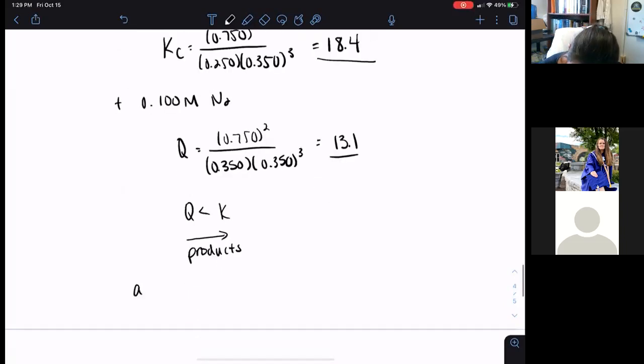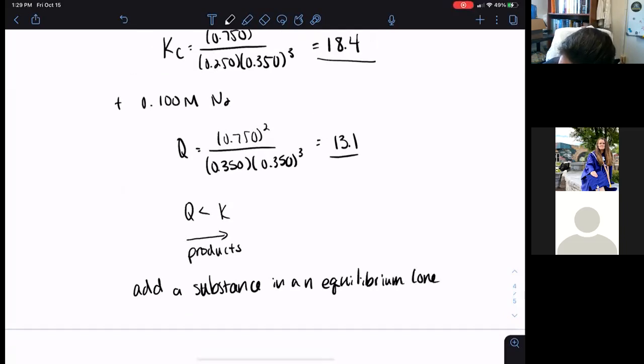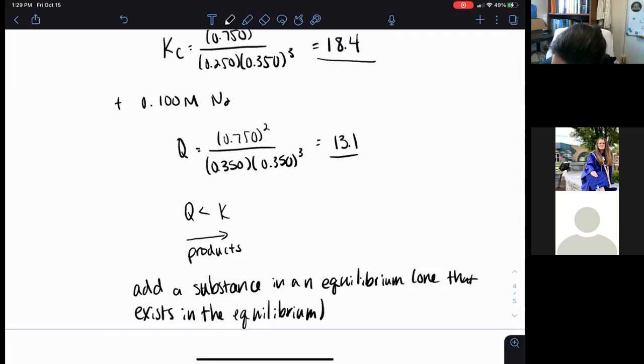If we add a substance in an equilibrium, so one that exists in the equilibrium, we're going to shift away from it.